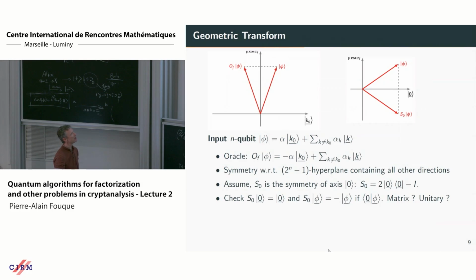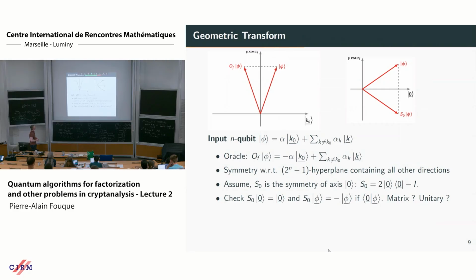This symmetry changes all values except the value k0. If you apply it to k0, you can see that it is an eigenvector of this unitary matrix.